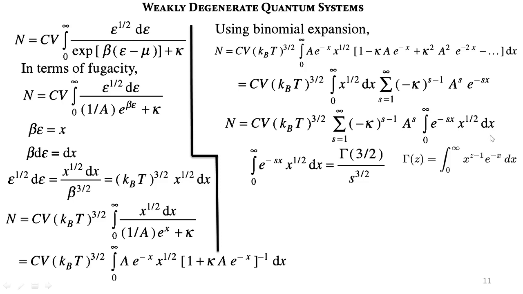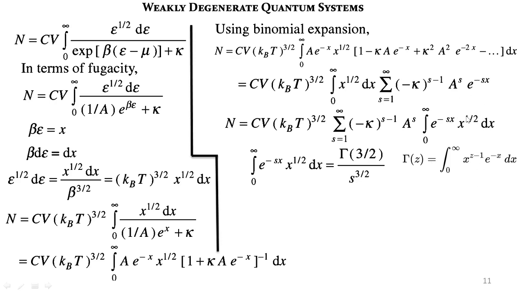So for the basic definition of gamma function, the power of exponential should be simple x, no factor with it. But here you would see that in exponential we have s sitting with x, correct?